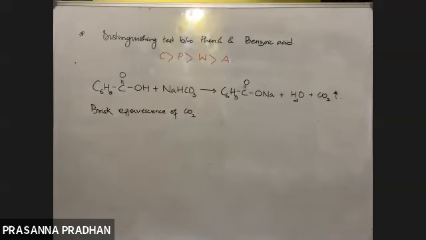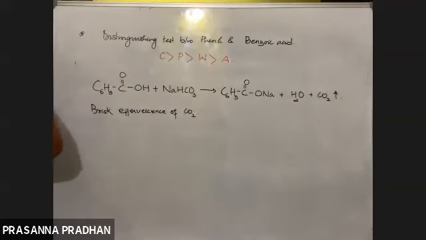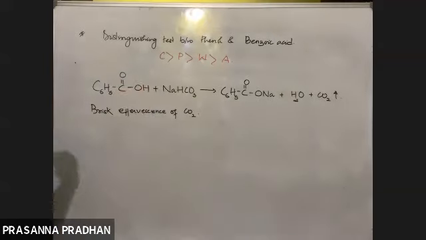Not only benzoic acid, any carboxylic acid, it may be acetic acid, it may be formic acid, reacts with bicarbonates, and during the reaction there is an evolution of carbon dioxide with brisk effervescence.